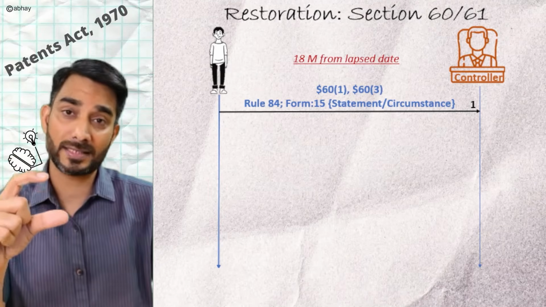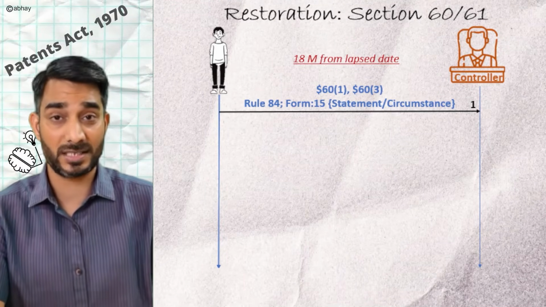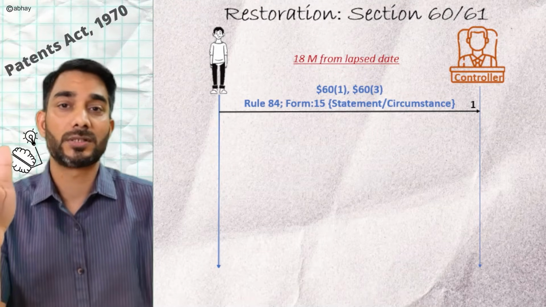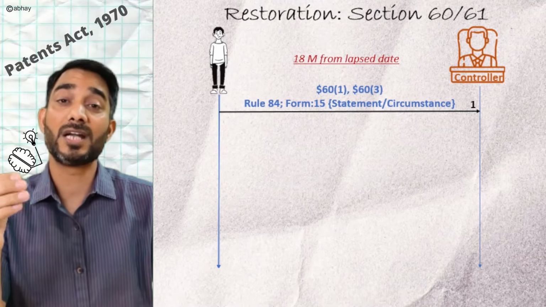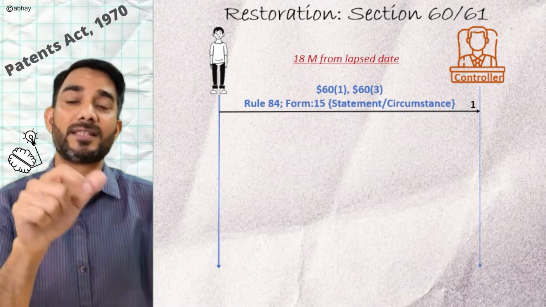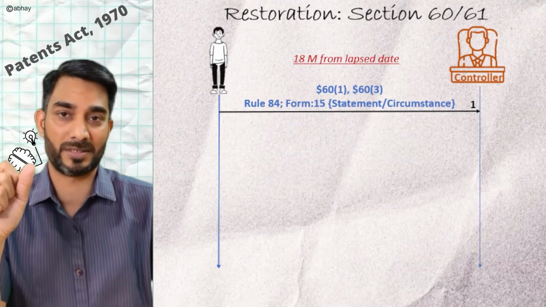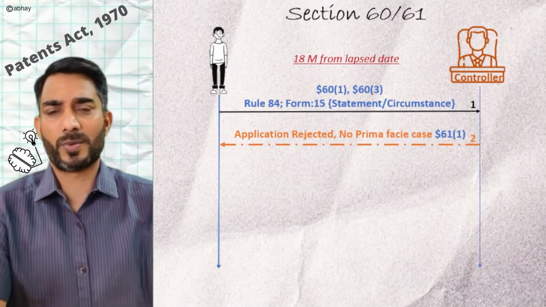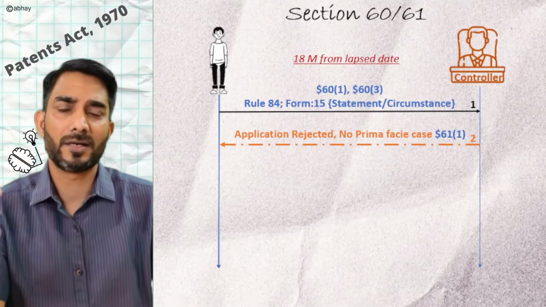While you file this application, the controller is looking for explanation which can justify that the failure to pay the renewal fee was unintentional and there hasn't been any undue delay for filing this restoring application. So your statement should justify these two requirements. As the controller goes over the request, controller may find it appropriate or may not.